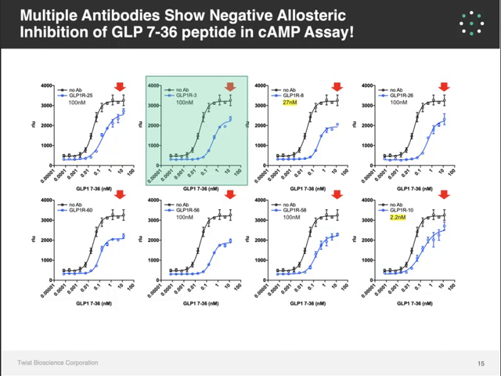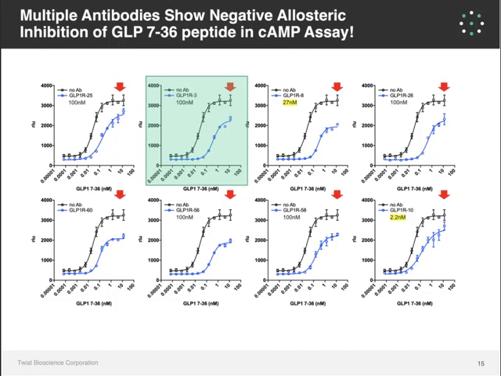When we took those antibodies that now showed specific binding to the GPCR target, we then assessed their function. The first thing we did is run a cyclic AMP assay against GLP-1 receptor, where the ligand was the GLP-1 peptide. Shown in black is the activation curve of the cyclic AMP assay with the GLP-1 peptide in the absence of any antibody.